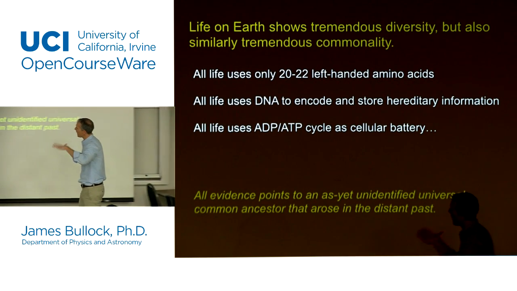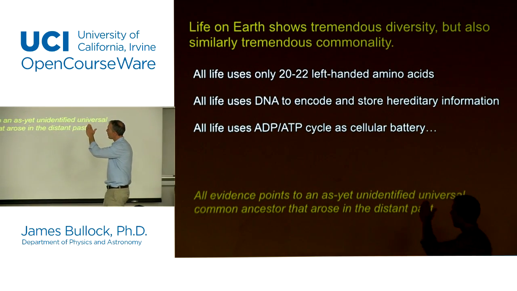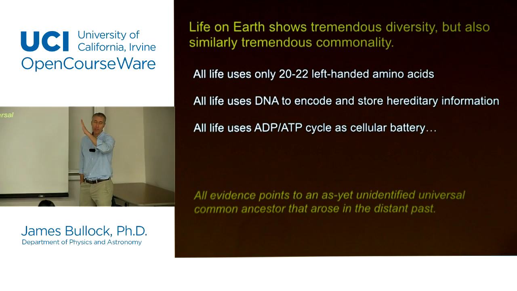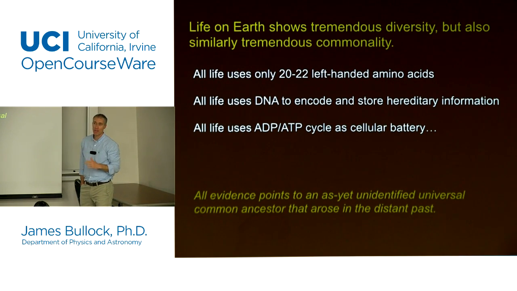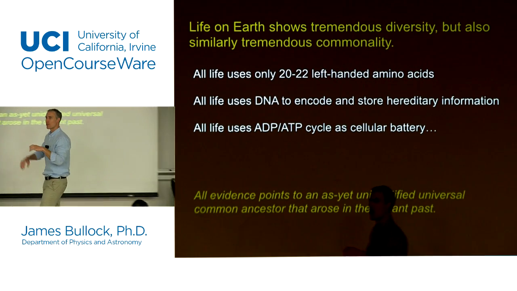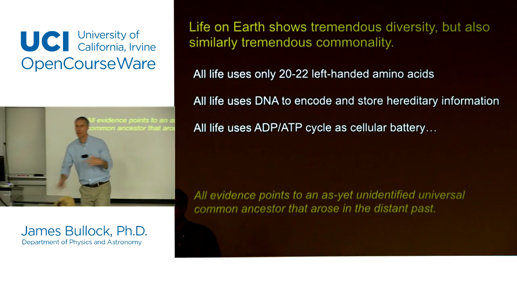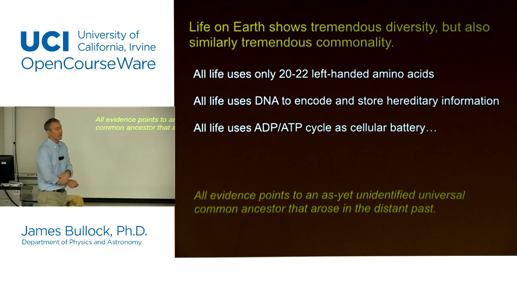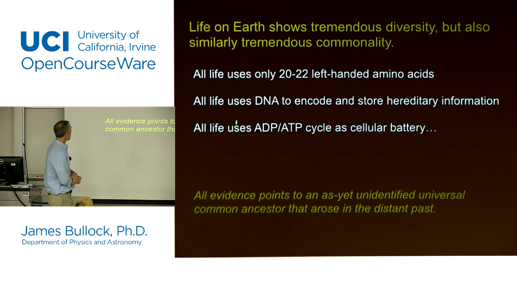If you go to an even more base level, right, all life on Earth uses roughly only 20 left-handed amino acids, even though there are many other types of amino acids. And again, it suggests there's this base group of stuff that began to be utilized for life everywhere. All life uses DNA. I'll talk about this next time.